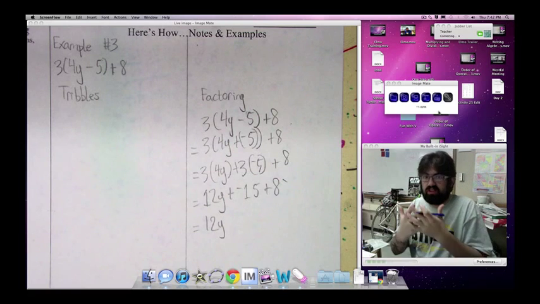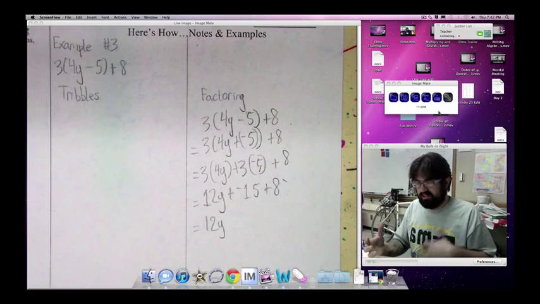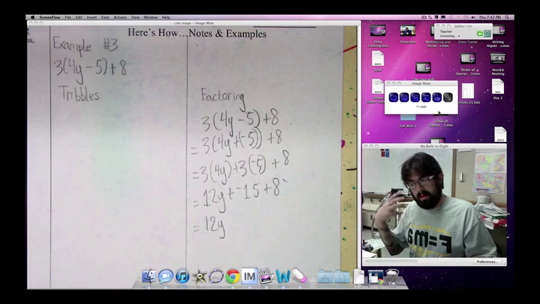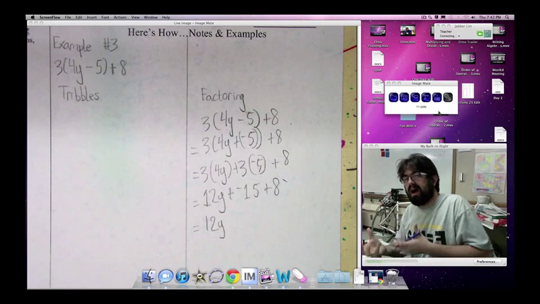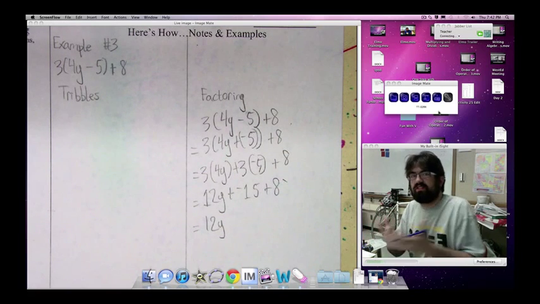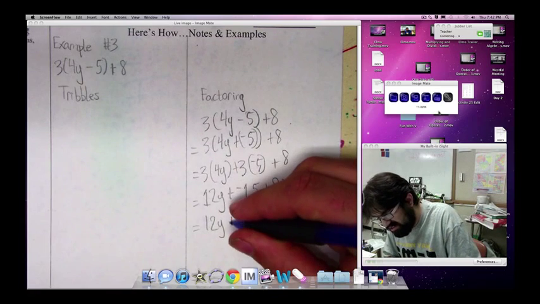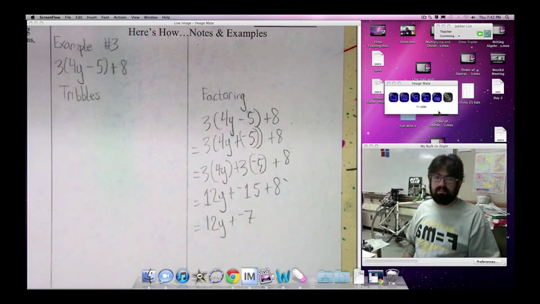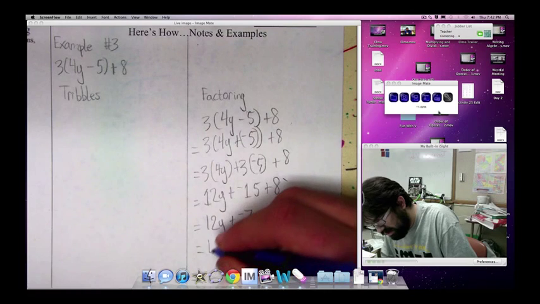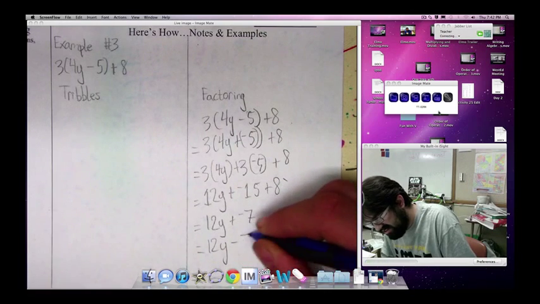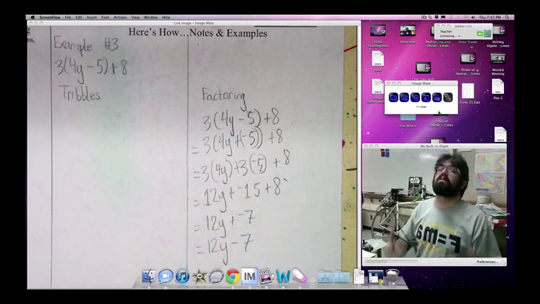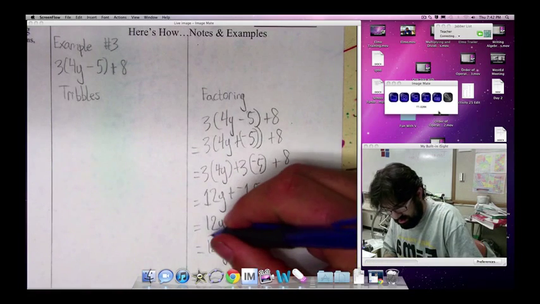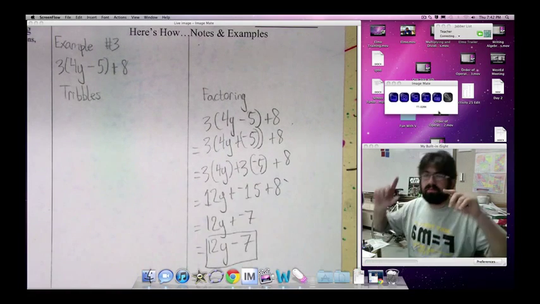So I'm going to subtract because I'm losing value. 15 minus 8 is 7. Negatives win. They got more voting power. There's more negatives than positives. So plus negative 7. However, this is equal to 12y minus 7. That's my cleanup stage. So I'm predicting this is my answer to triples.